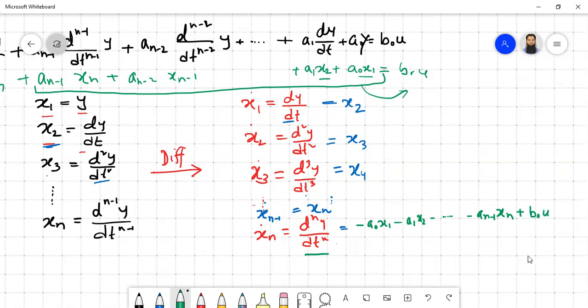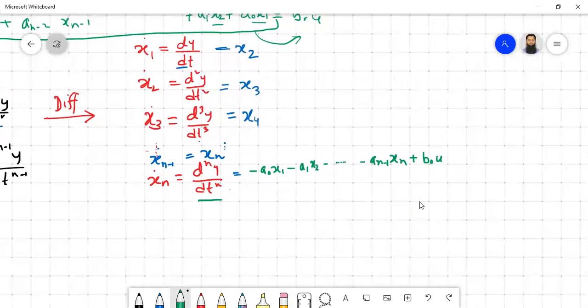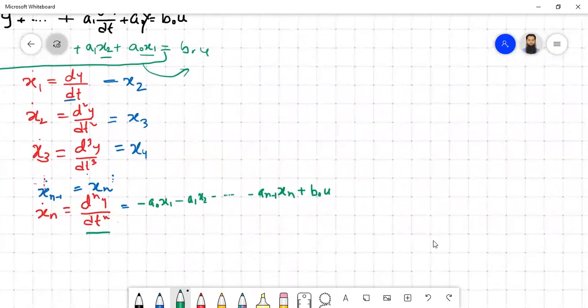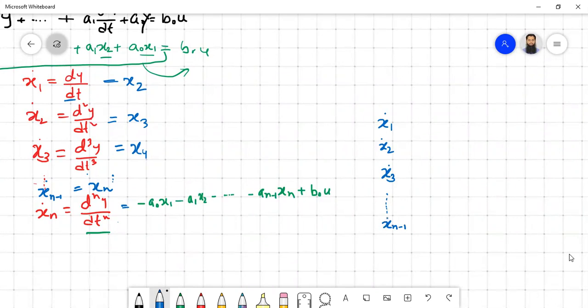Okay, so now if we write this in a matrix form, then the state equation is complete. What we have here is x1 dot, then x2 dot, x3 dot, and it goes on, x(n-1) dot, xn dot.